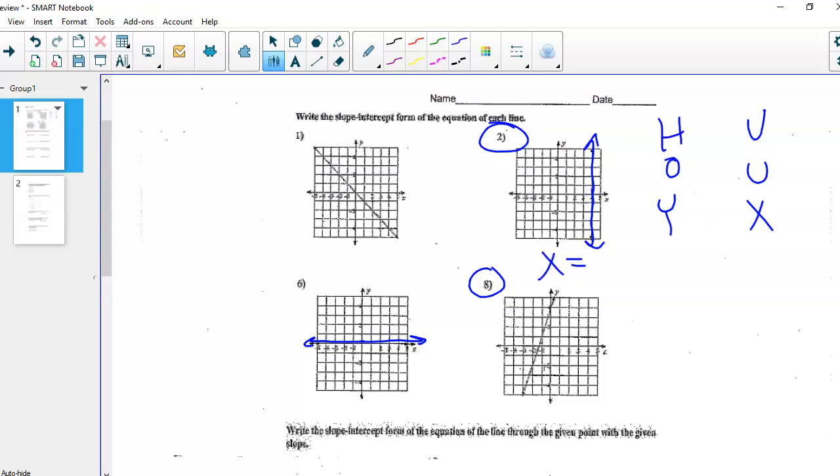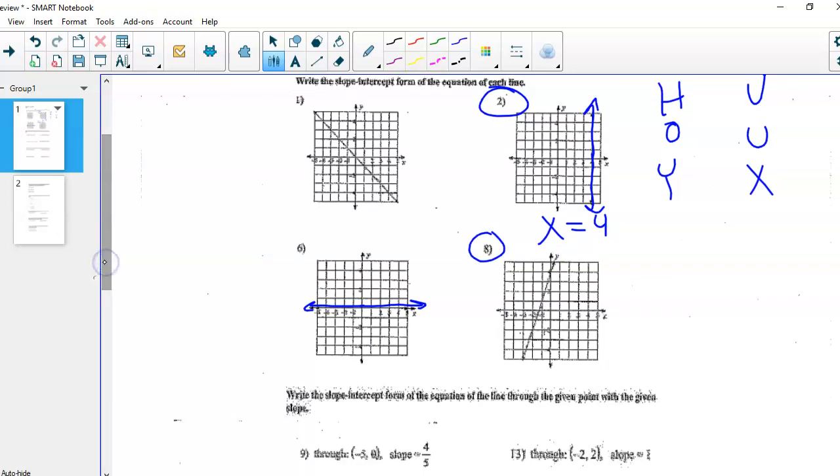What does x equal? 4. But that only works for straight horizontal and straight vertical, not slants.